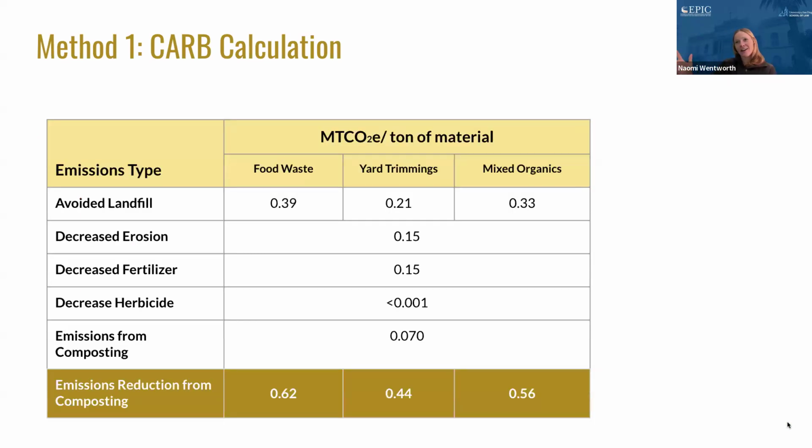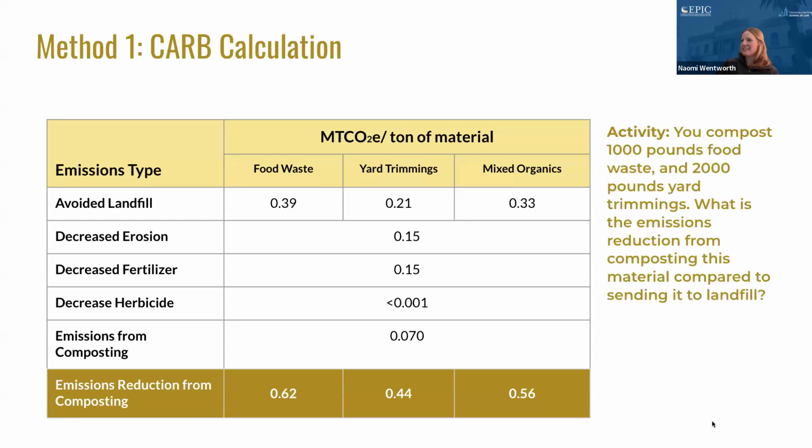So putting it all together, this is the full calculation. So anything avoided from landfill, decreased erosion, decreased fertilizer, and then the total emissions reduction from composting. So we have a fun little activity. If you compost 1,000 pounds of food waste and 2,000 pounds of yard trimmings, what is the emissions reduction from composting this material compared to sending it to landfill?